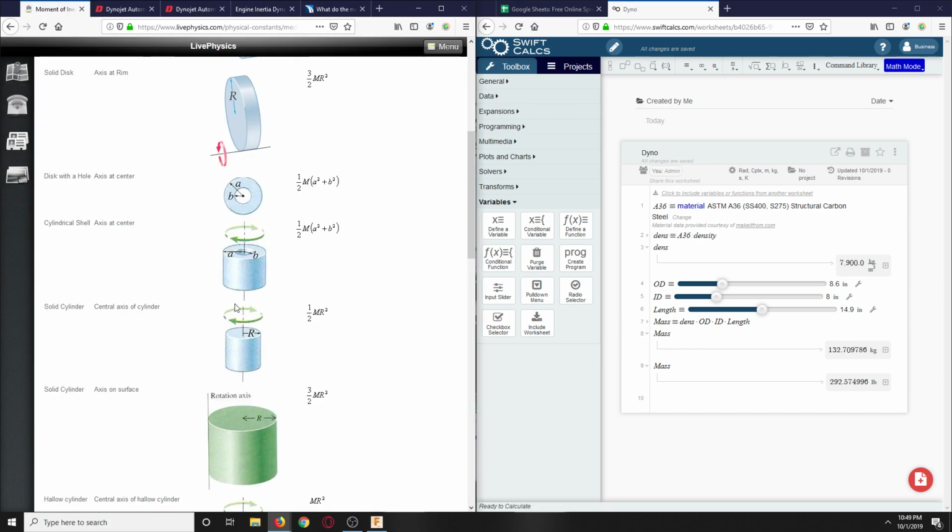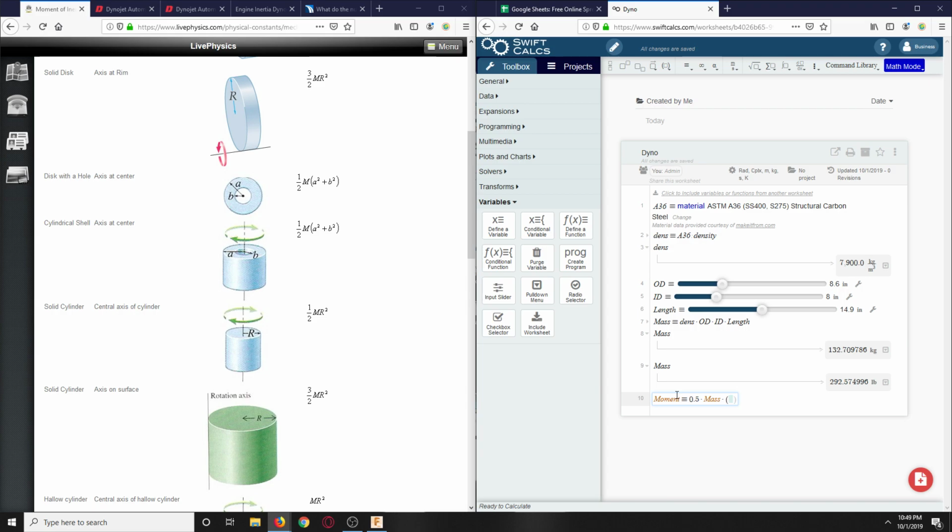Now we need to do moment of inertia. Moment equals 0.5 times mass times, and this is really cool where it does the abbreviation, A squared, which is the radius from the inside to the outside.